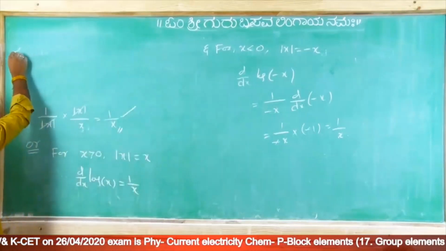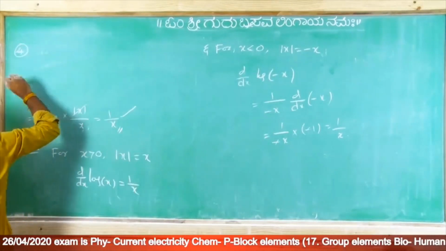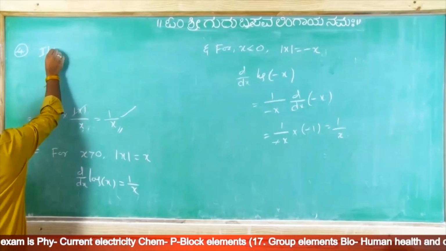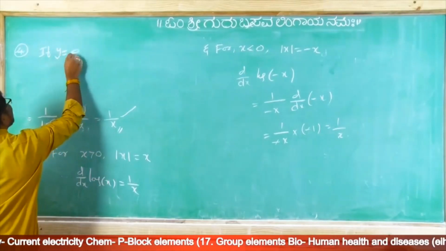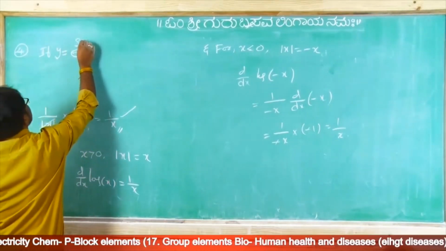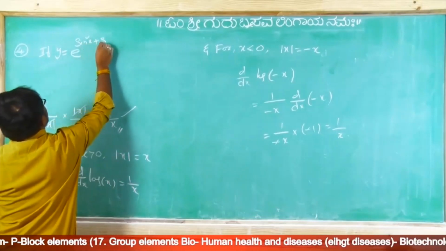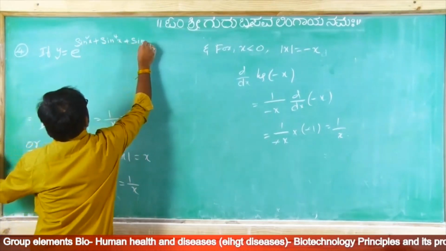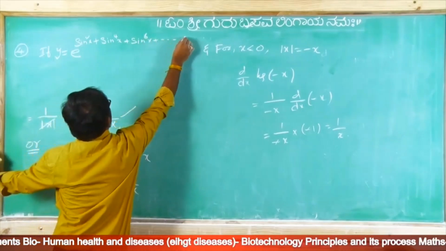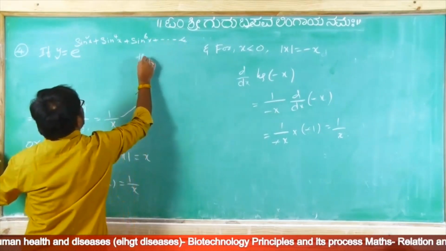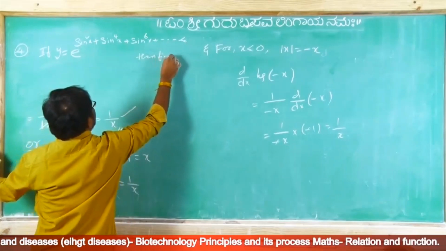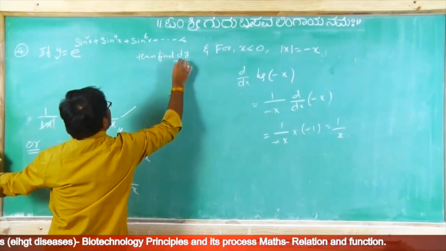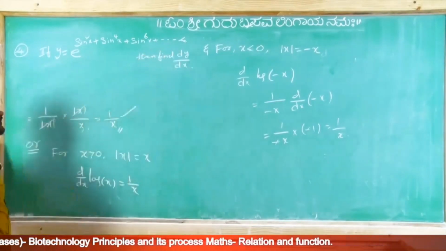Try this fourth problem. This is also an important one. If y equals e power sin square x plus sin to the power of 4x plus sin to the power of 6x up to infinity, then find dy by dx.